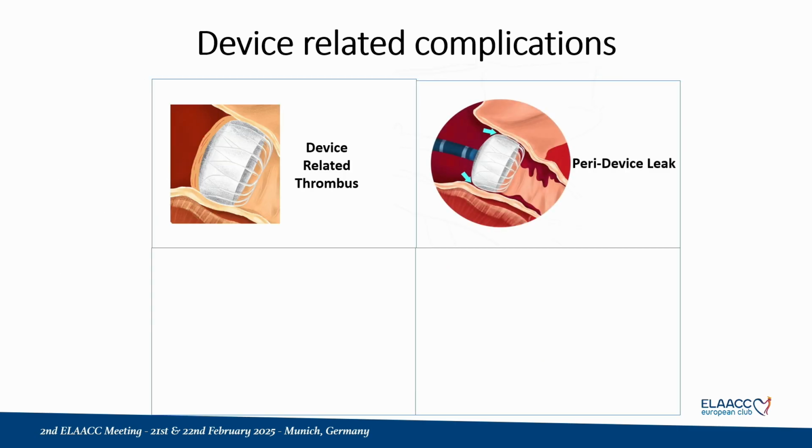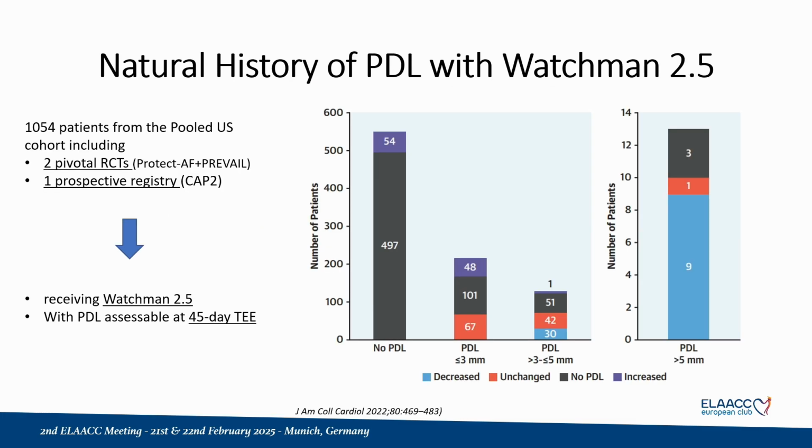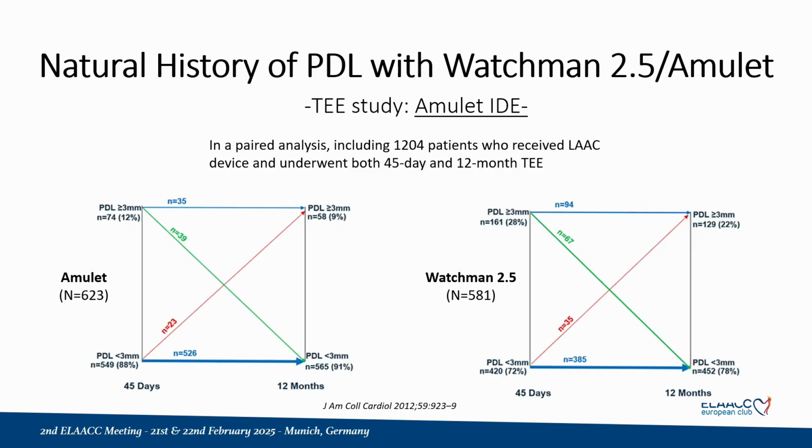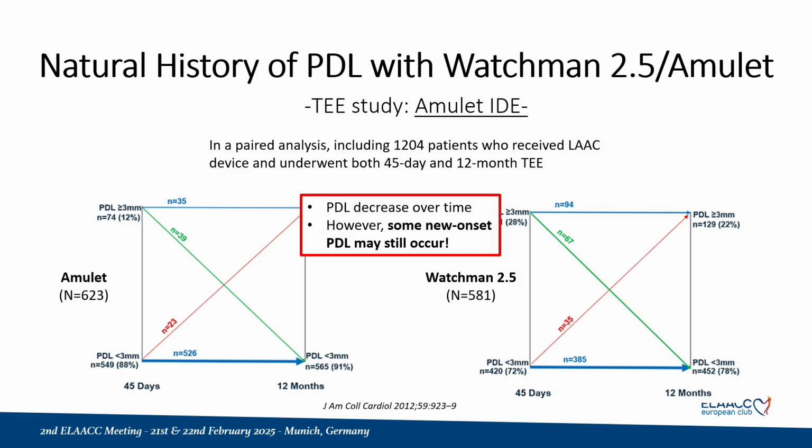Let's take a look at some other device-related complication, the peri-device leak. The peri-device leak in the Watchman 2.5 studies decreased over time in terms of rate and size. In the Amulet AD study, we observed a similar trend, but with some PDL that may have occurred later at the later follow-up as compared to the early follow-up.